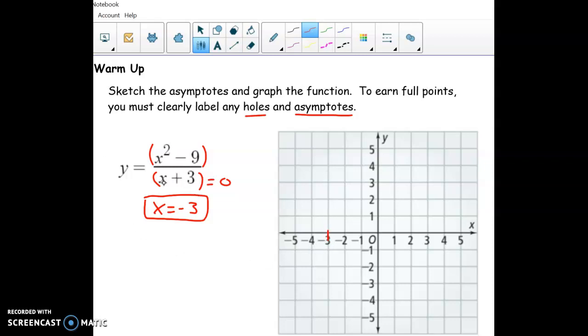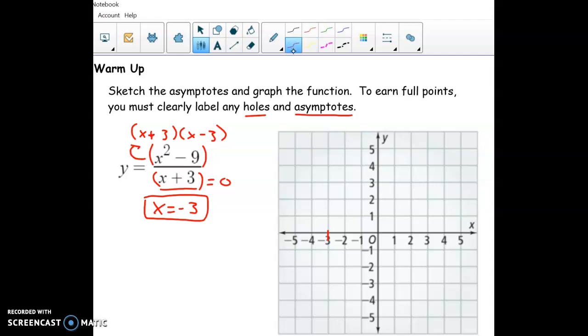To figure out which it is, we have to see if this factor cancels with a factor in the numerator. So we have to actually factor the numerator, which in this one is square minus square. So if we do +3 and -3, those multiply to -9 and then add up to 0x in the middle. So this expands to those two little binomials.